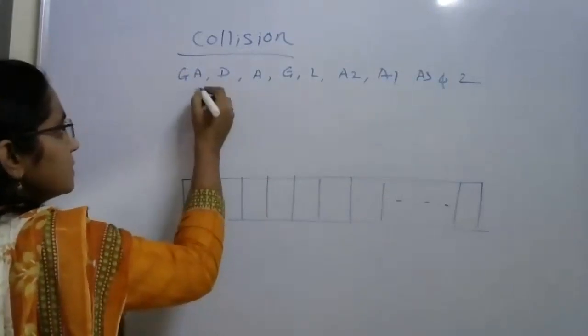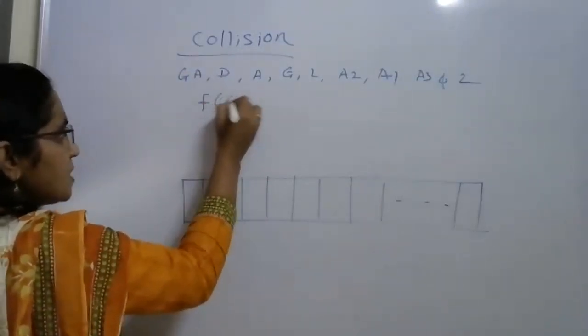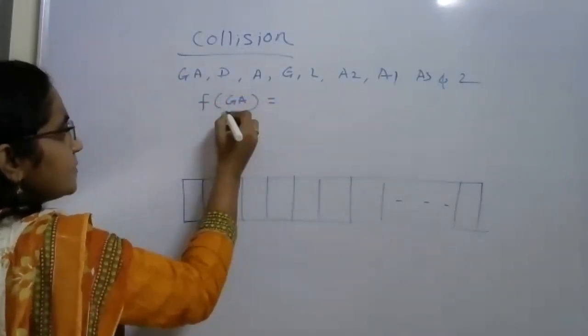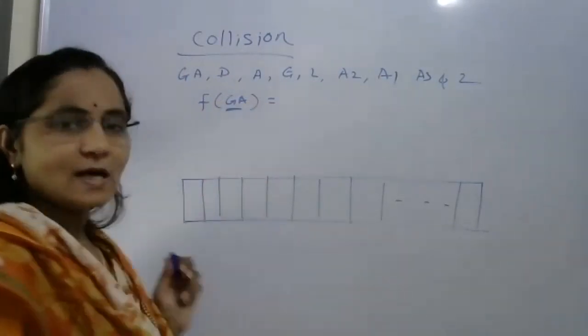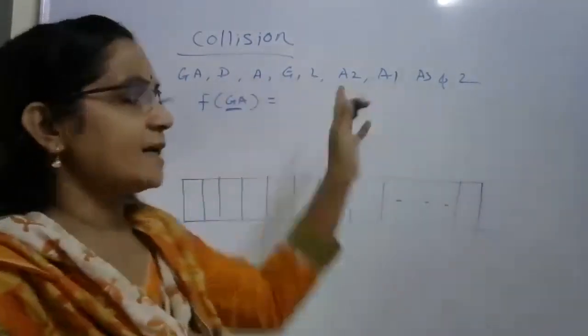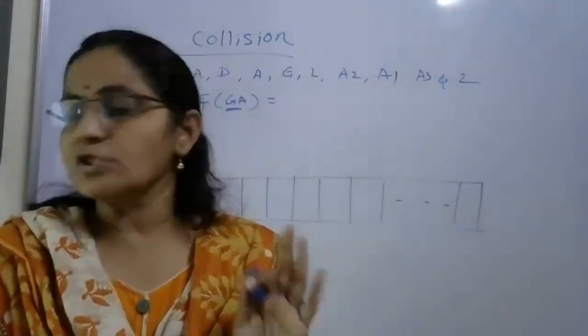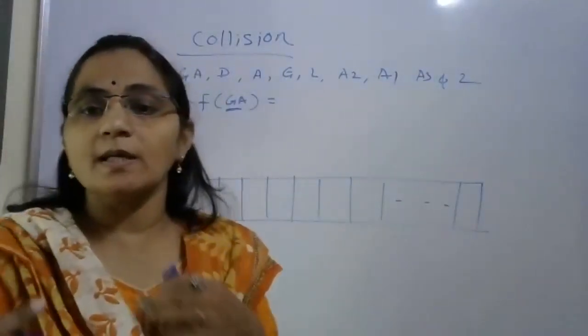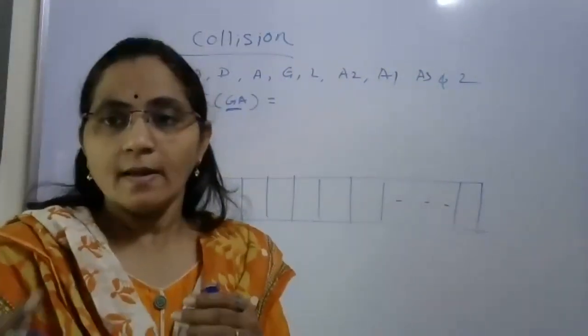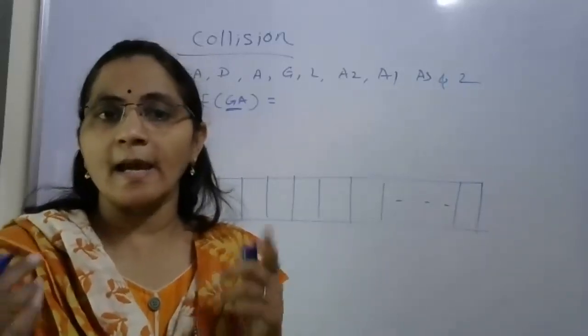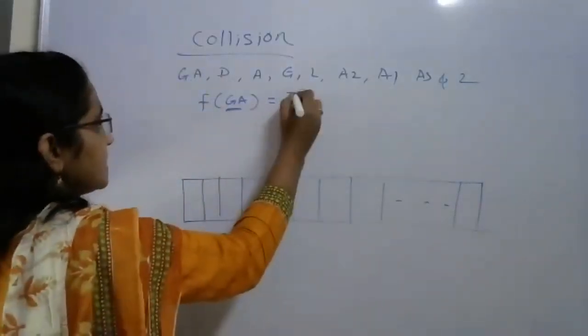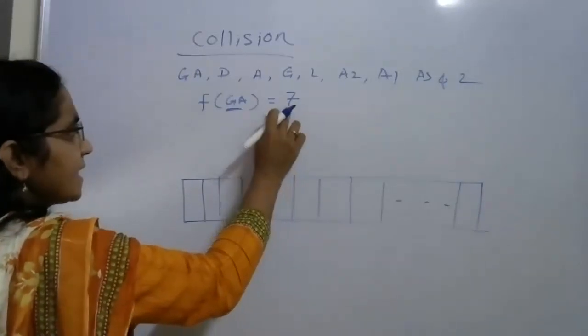Suppose I calculate the address of GA. G is the alphabet; all identifiers are alphabets. What is the position of G in the alphabet? 7: A, B, C, D, E, F, G. G is at the 7th location, so it generates the address 7.